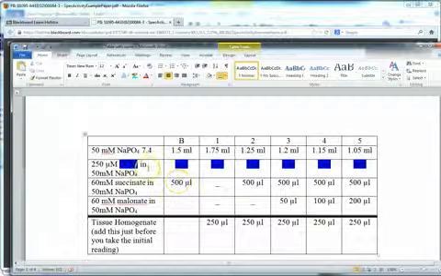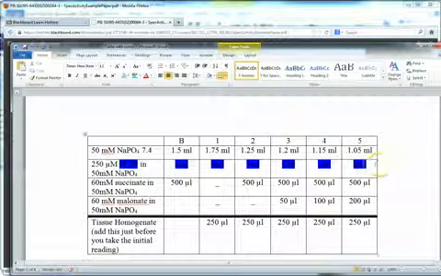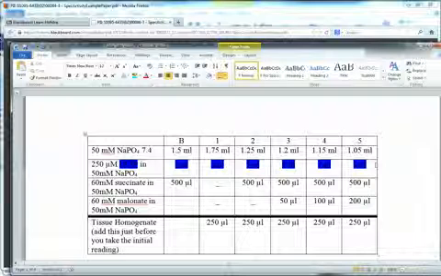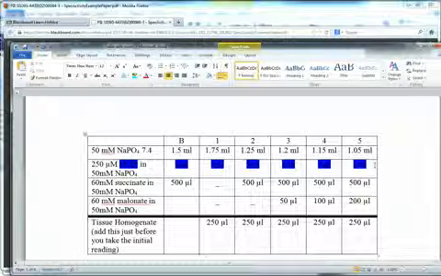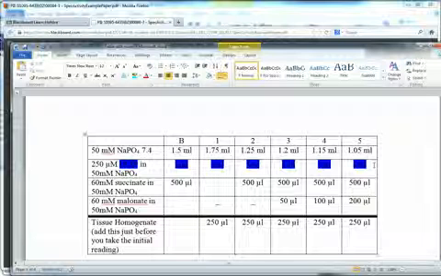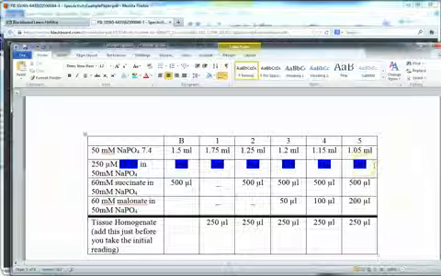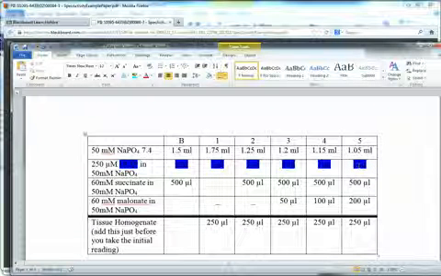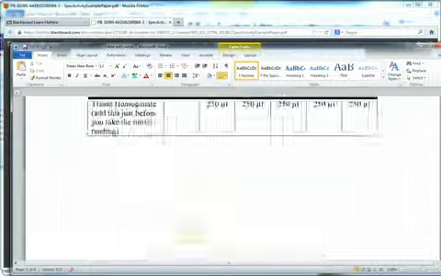The other thing that's common to all of the reactions is DCIP. Now, what's the final concentration? I'm going to leave that to you to calculate. Use your M1V1 equals M2V2 equation to figure out the final concentration of DCIP. So every single reaction had exactly the same final concentration of sodium phosphate and DCIP. What was next?